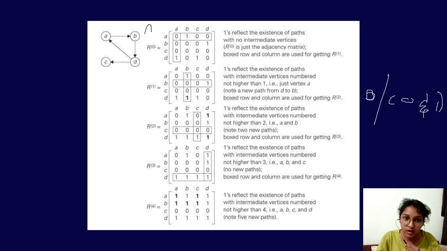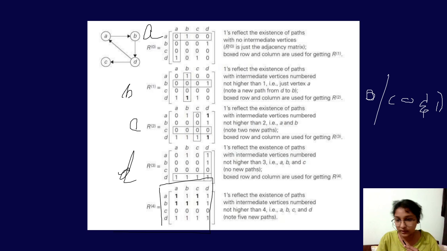Similarly, this was for A as an intermediate node. Here we will check for B, C, and D, and finally we will get this matrix. We iterate all the way through by considering A, B, C, D individually as an intermediate node, and we will find the answer.